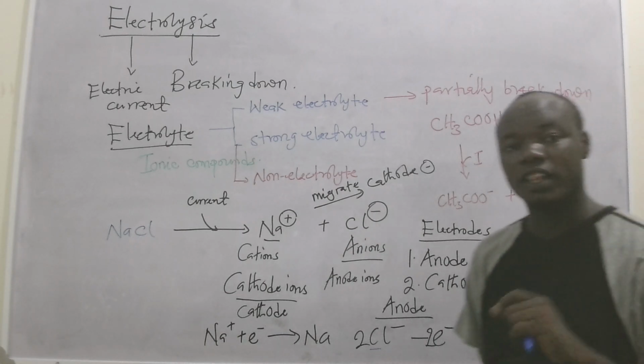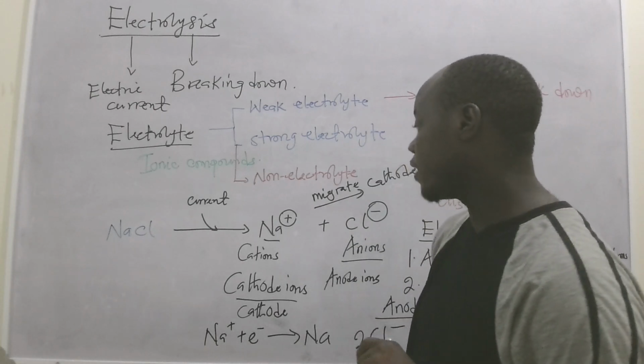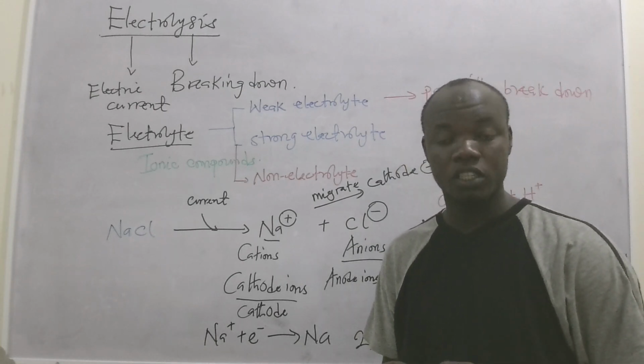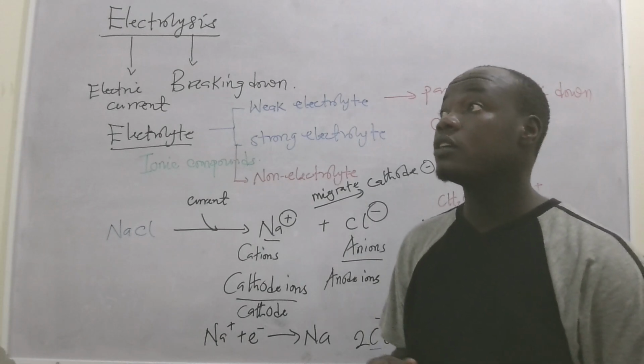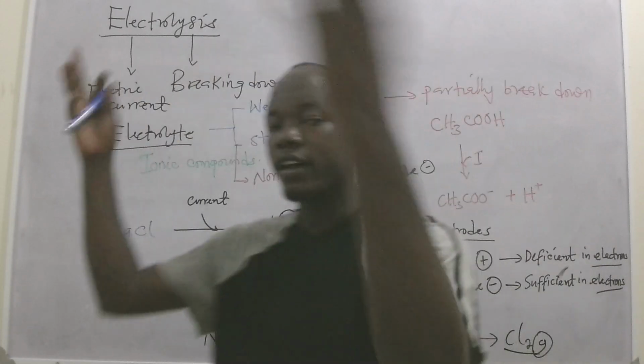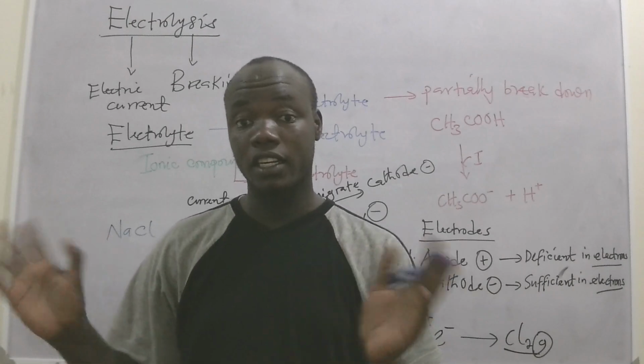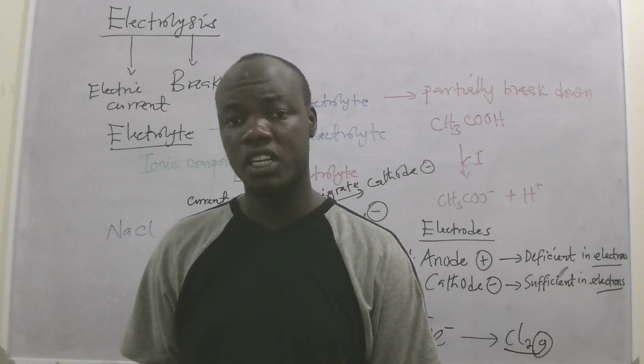One thing we should understand in electrolysis is that when a chemical compound breaks down, it produces ions, and those ions move in random directions.